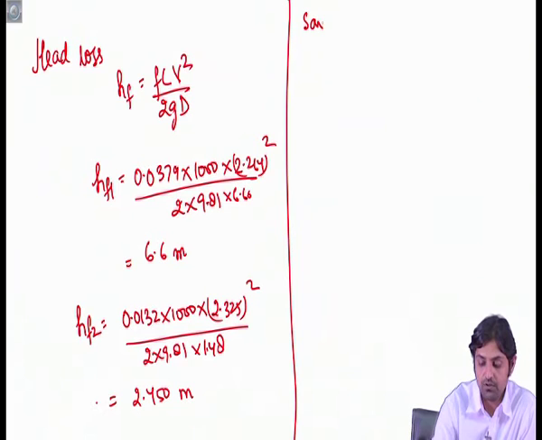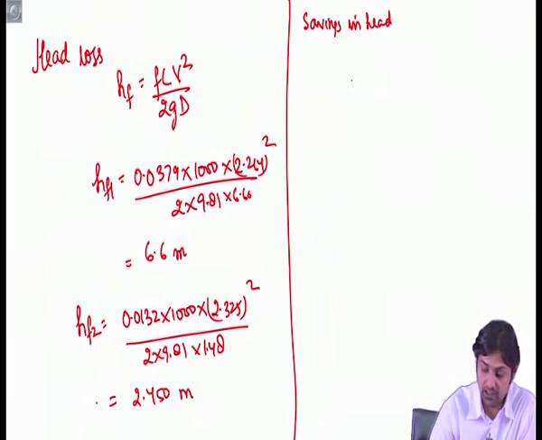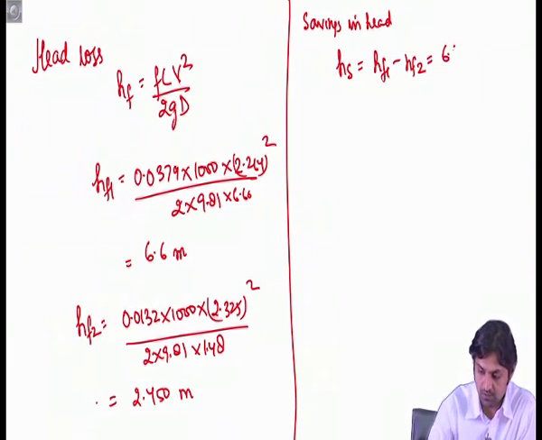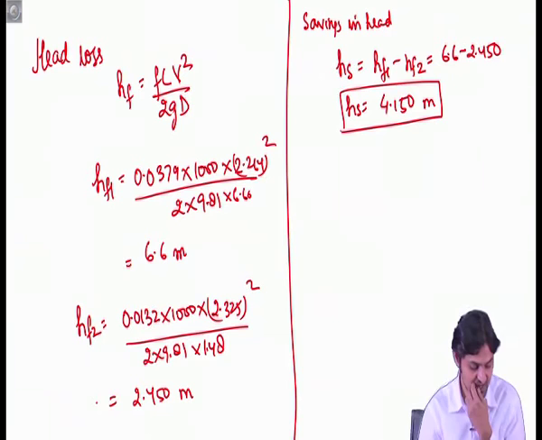So the frictional loss before the lining was 6.6 meter and after the lining is put is 2.450. So saving in head HS is HF1 minus HF2, 6.6 minus 2.450. So HS is 4.150 meter. Alright, this is the saving in the head.